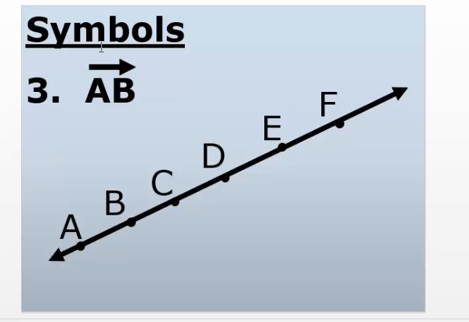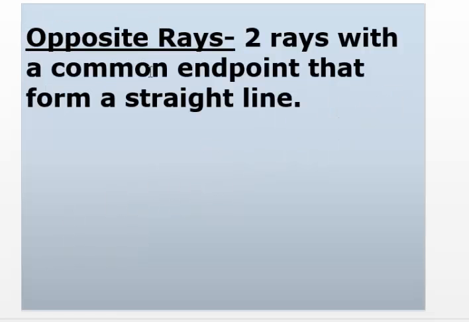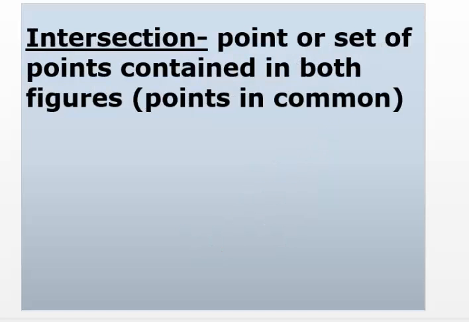This says it has an endpoint at A and goes in B's direction forever. Opposite rays, the definition you need to know, and opposite rays share a common endpoint. So there's one ray, and then its opposite ray forms a straight line. They share a common endpoint, but then notice how they make a straight line.